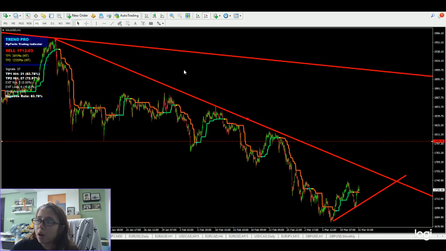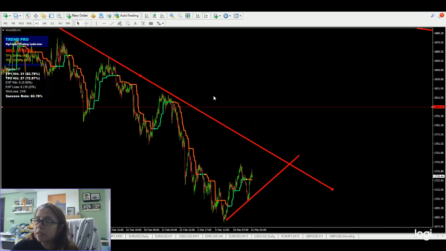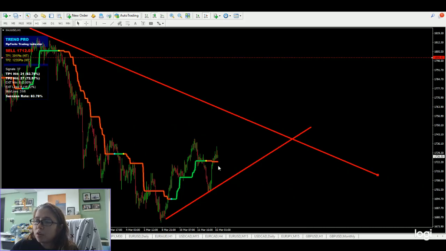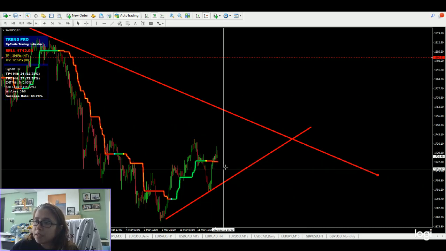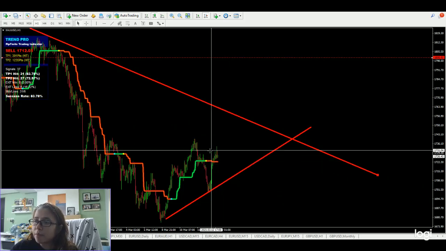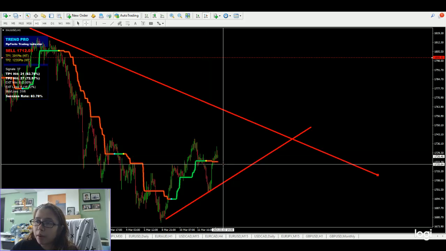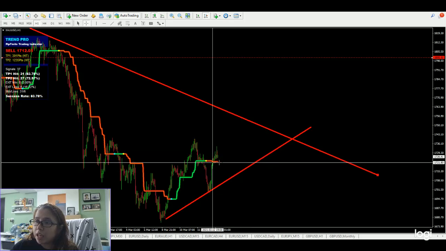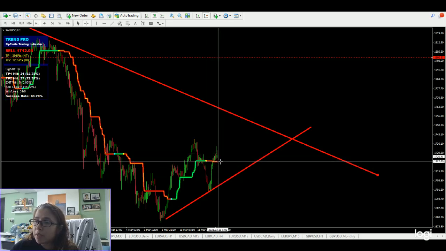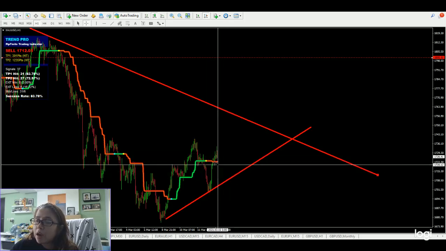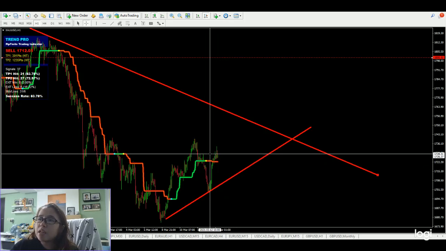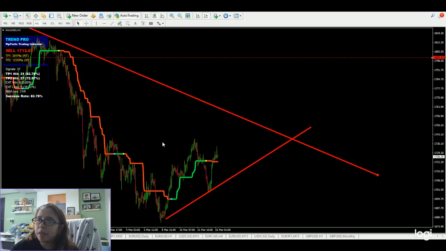So that is our current short-term trend. And also, if that happens, then the Trend Pro indicator should also plot sell downtrend or sell line here. So I will be taking trades in line with the signal that will be given by Trend Pro.